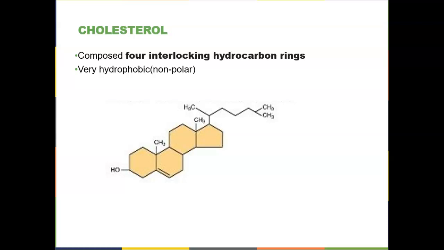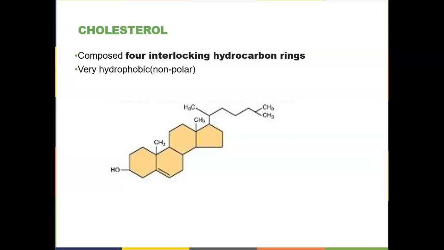This is cholesterol. You will note it doesn't look anything like a triglyceride or a phospholipid. It is these 4 interlocking rings.